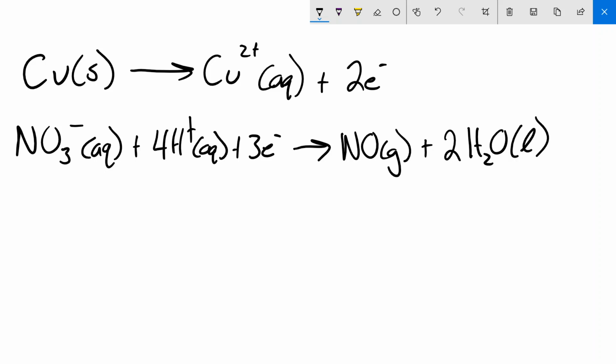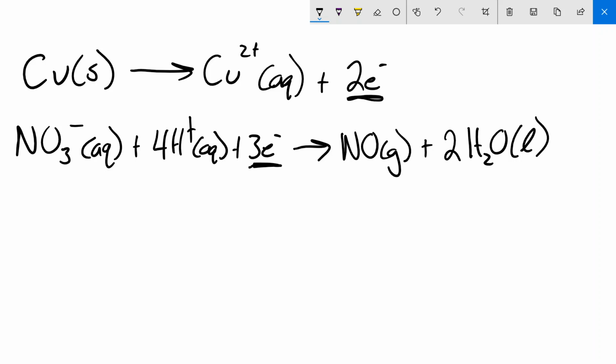We've got 2 on the product side and 3 on the reactant side. And so our last step is we got to cancel out these electrons. We can't have any electrons left over. And so we're going to need to multiply both half reactions by an integer to cancel those out.